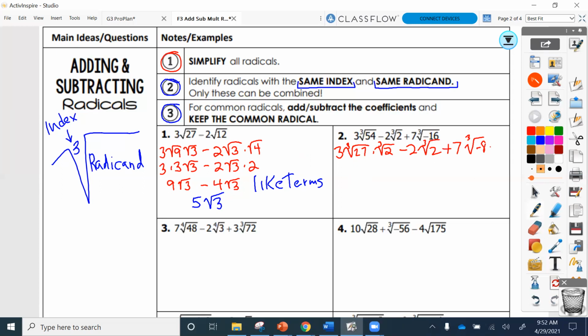And 8 times 2 is 16. Now we're going to simplify. Let's see. The cube root of 27 is 3. Just going to bring this down. Nothing we can do with that. And we can simplify here. Cube root of -8 is -2.